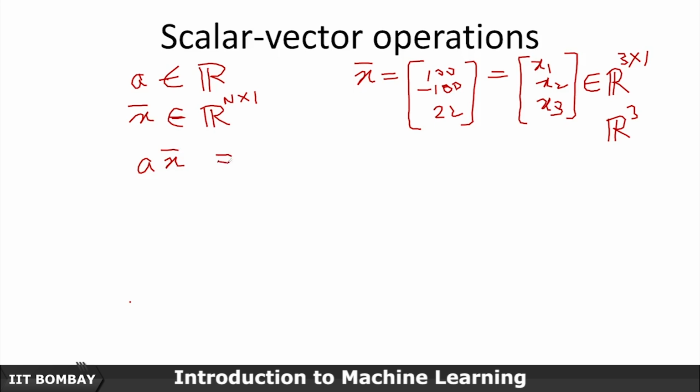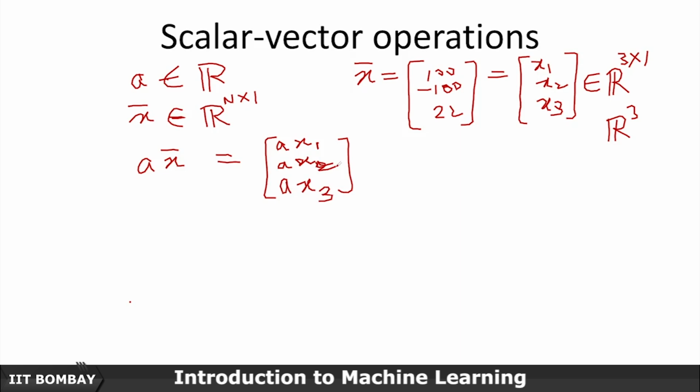If x was x1, x2, x3, then you would have Ax1, Ax2 and Ax3. So all 3 dimensions are scaled by a factor of a.